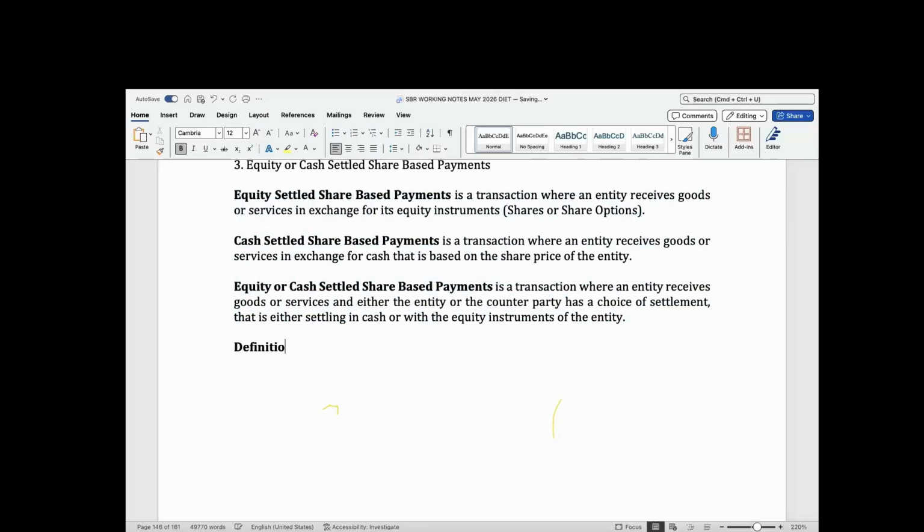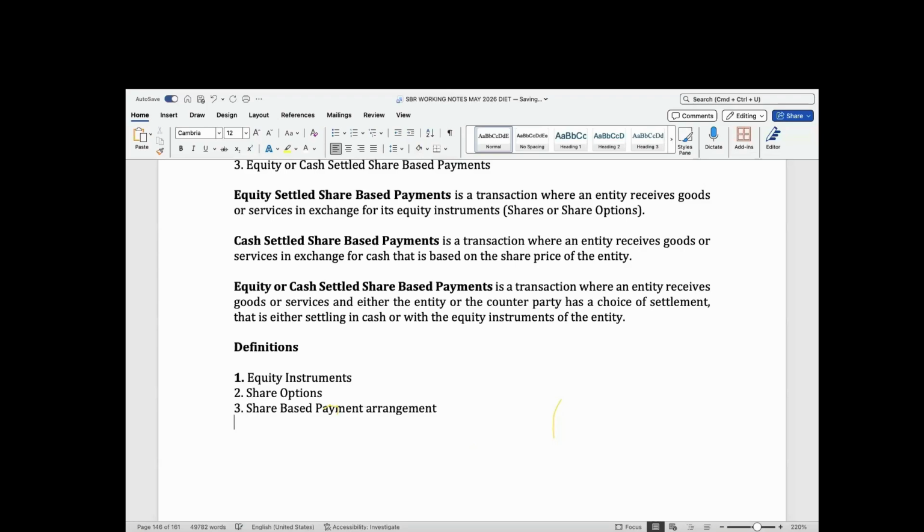Anyways, before I go into each of these, there are certain terminologies I really need to clear out. Number one is equity instruments. I think I've mentioned it sparingly. Number two is share options. Number three, share-based payments arrangements.